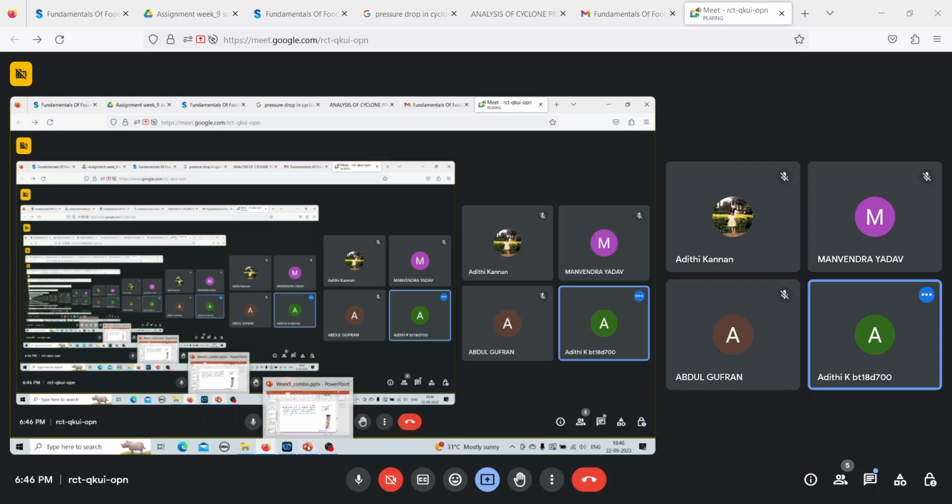Okay, so centrifugal acceleration is given as 10,000 G. So I am substituting the value as 10,000 into 9.81, where G is the acceleration due to gravity. And again, omega square you have to give as 2 pi into n, where n is given in RPS. So 2 pi n square into the radius of the bowl.